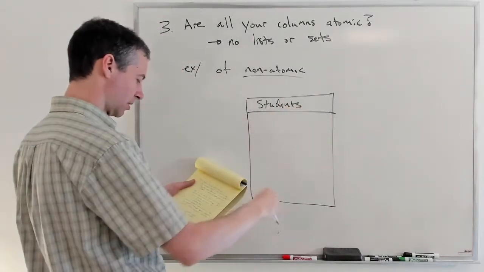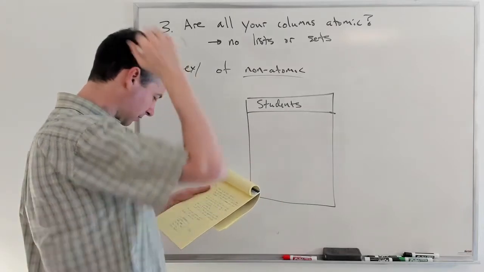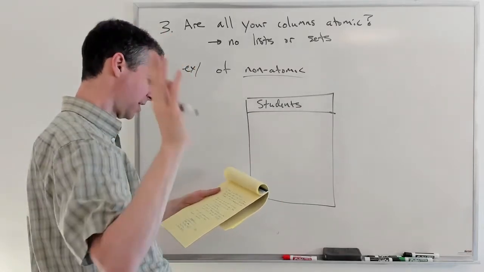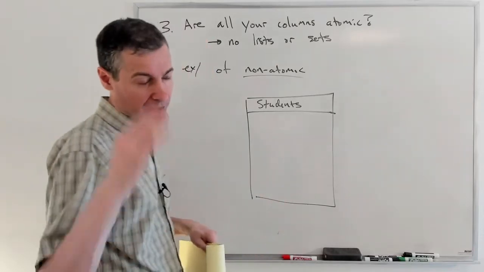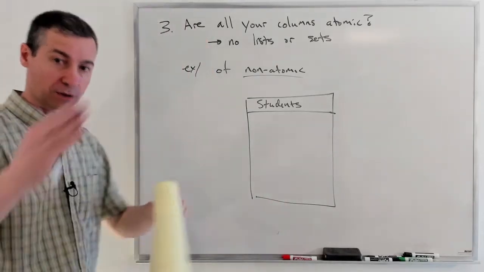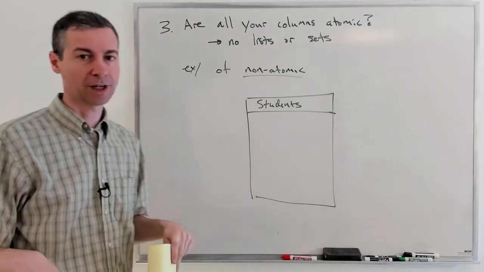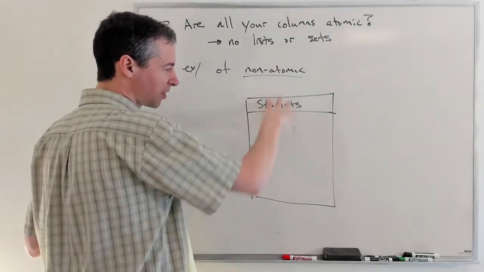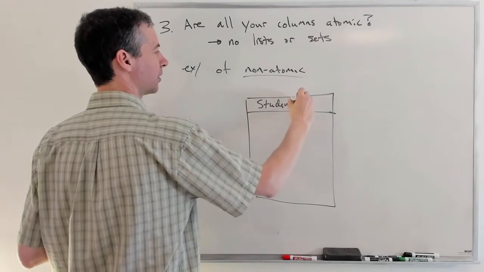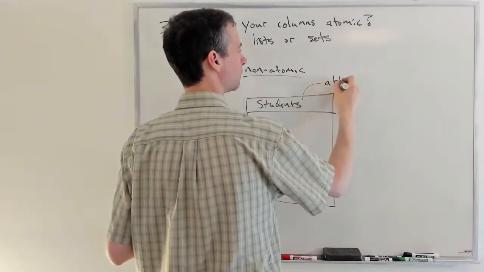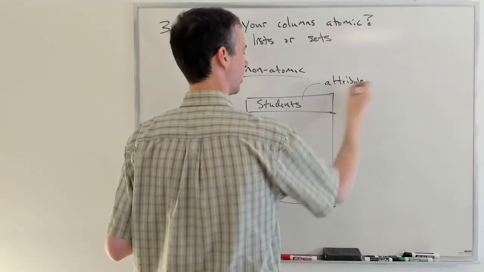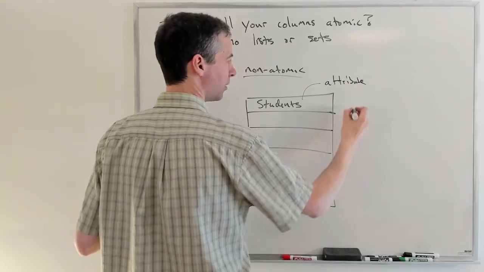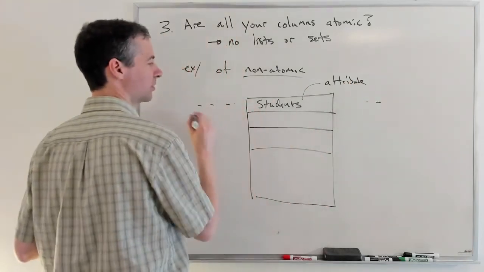So I'm looking at a single column here. Okay, so this is the attribute. And I'm going to make some rows. And there could be other attributes for this table, okay?